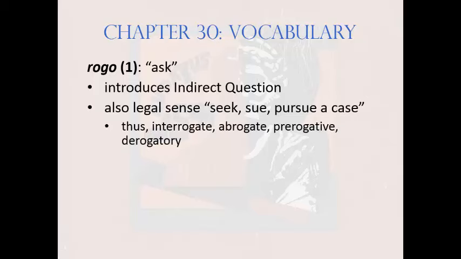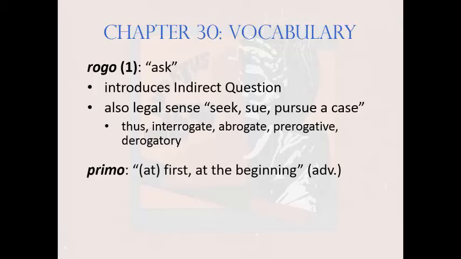From that sense, we get derivatives like interrogate, literally ask between, that is, back and forth. Abrogate, literally ask away, that is, give up your legal rights. Prerogative, what you insist on having before a legal proceeding. Derogatory, literally to ask down, meaning to cross-examine in an insulting manner.